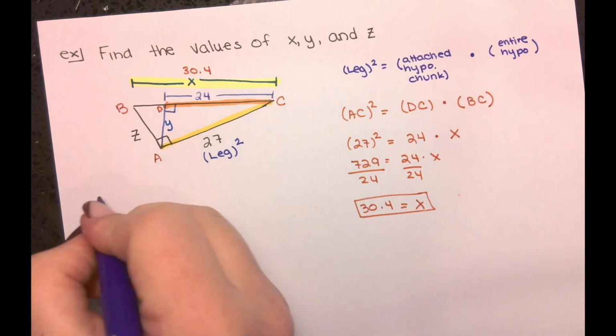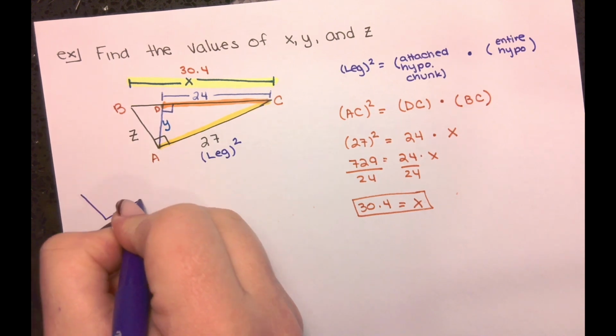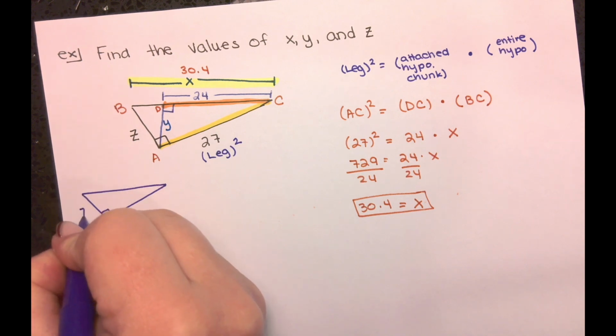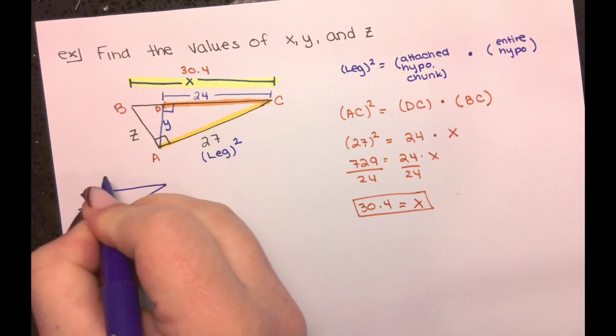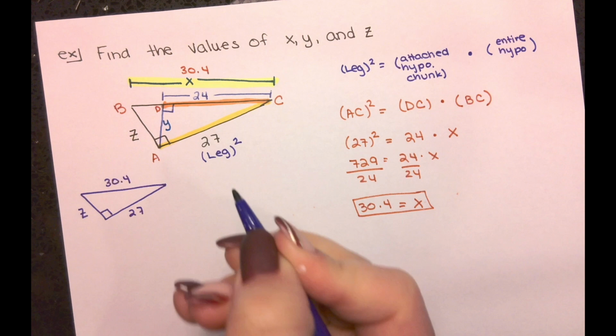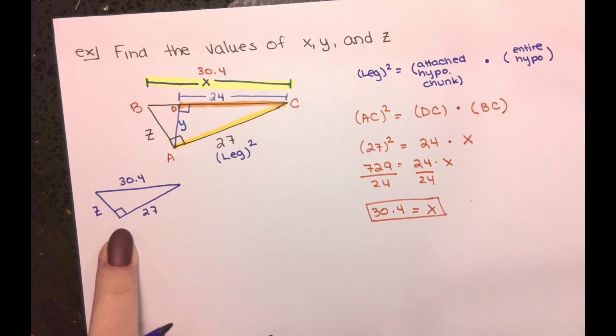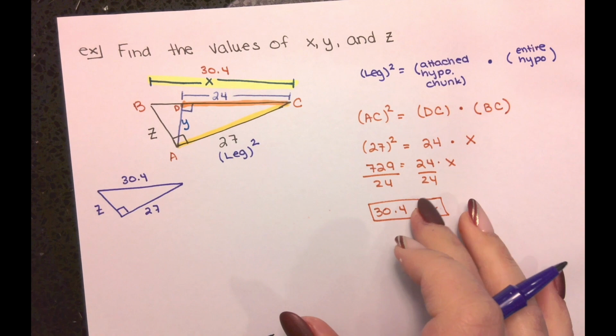Now if we redo our triangle, here's your 90-degree angle, here's z, here's 27, here's 30.4. We can use the Pythagorean theorem to solve for our z value if you want. Now you can also do the leg theorem.